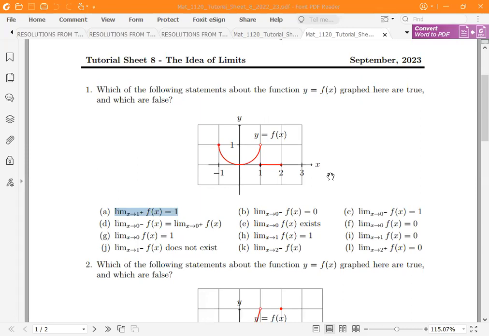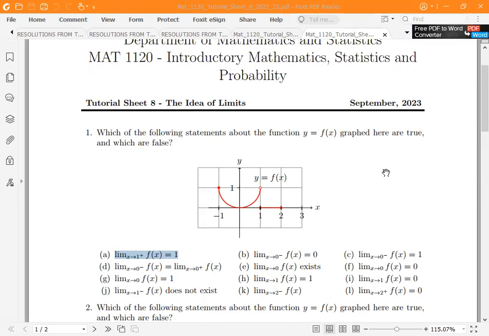So if you look at the function, the way it has been graphed, if you're going to 1, so say 1 is here. If you're going to 1, we see a line moving from 2 going to 1, like that. The question is simple.